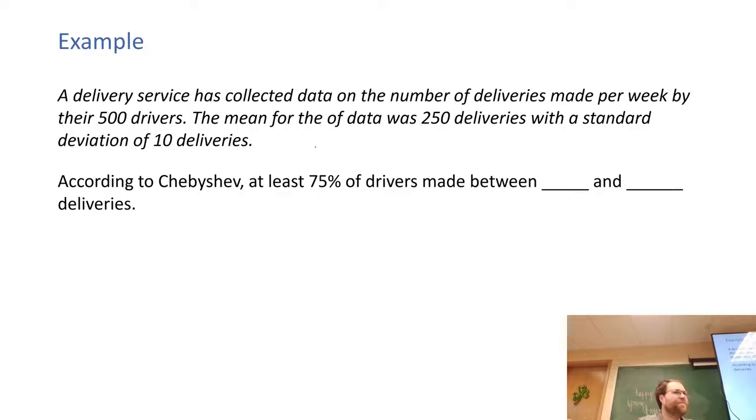According to his theorem. 230 and 270. You have 2 standard deviations, which would be 20 deliveries, right? So off from the 250 would be 230, and then on top of it would be 270.